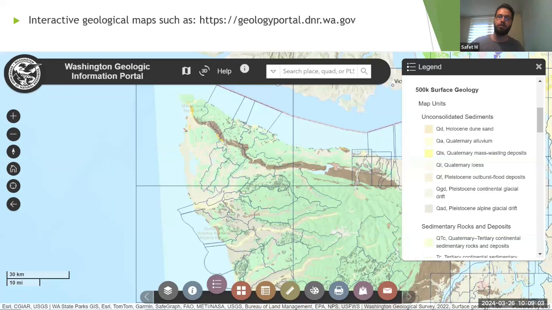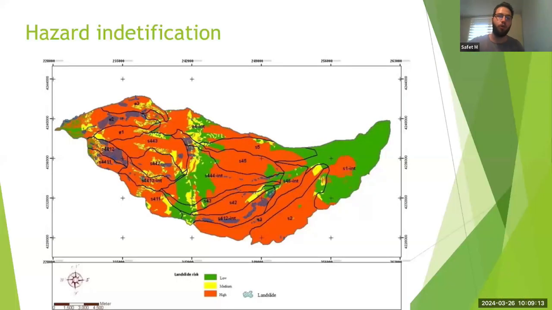It's really important to look at those things before you go to site, before you start making your report, and before you actually plan your investigation program. Also, one big thing you need to look at is hazard identification. Depending on where you are, you're probably going to deal with landslides, rock falls, and the risk of flooding, and usually there are a lot of maps regarding all those risks.